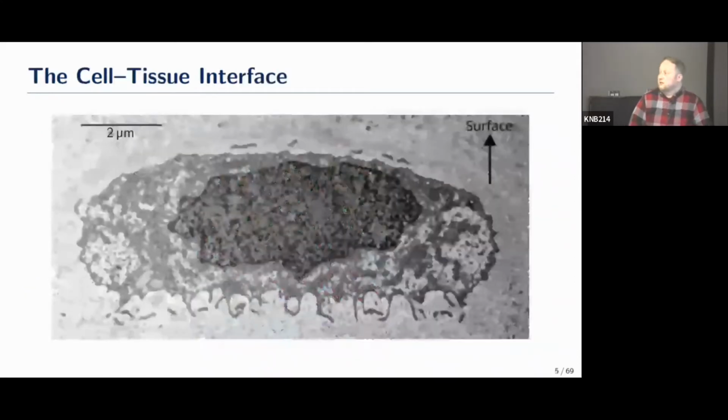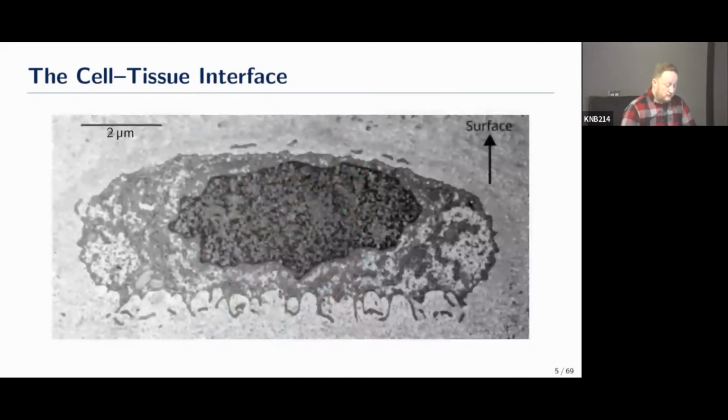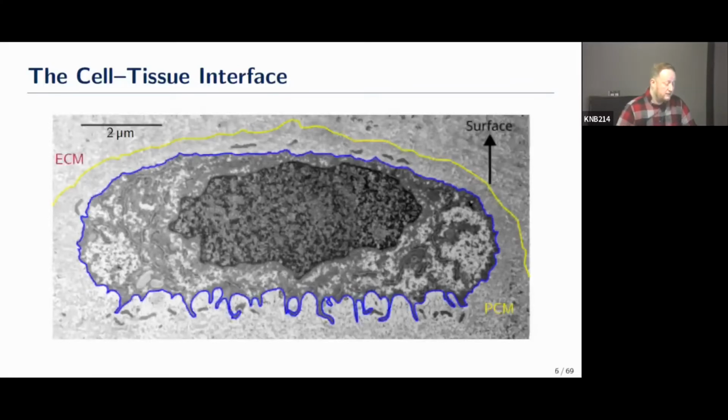And then zooming in a little further, if we look at a transmission electron micrograph of a single chondrocyte cross-section, we can look very closely at the interface between the cell and its surrounding environment, which we call the matrix. One of the things we can see in this picture, if we outline and highlight, is that the membrane of the cell is not smooth. It has these ruffle features on it, and these ruffles are actually distributed in a non-uniform way around the circumference of the cell.